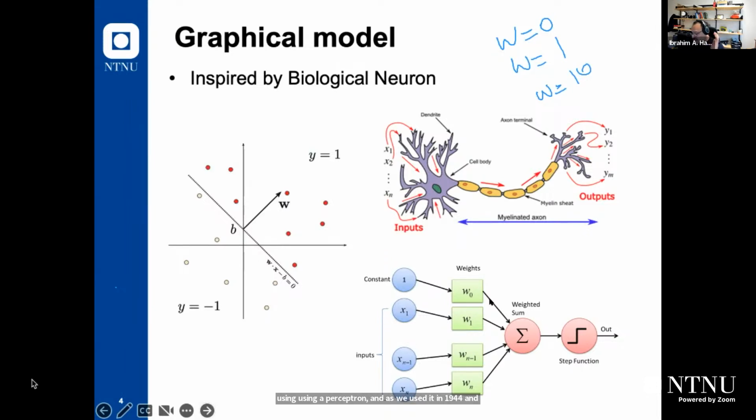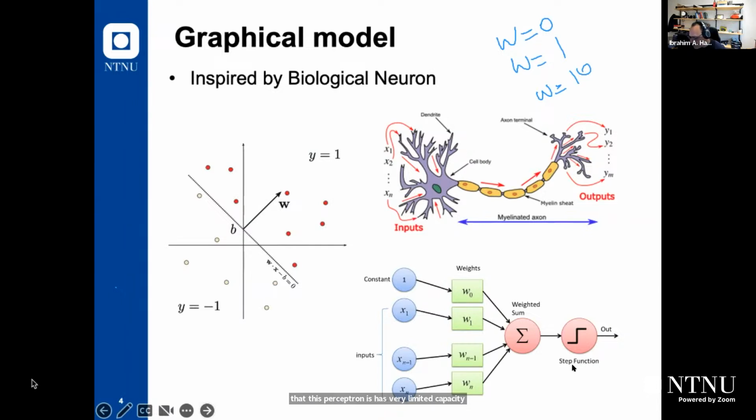But at some point, they discovered that it's difficult to use this for solving very complex problems. They have something called the dilemma of artificial intelligence, because they gave lots of promises to people at the time that they had discovered something which could solve all our problems. But they quickly discovered that this perceptron has very limited capacity.